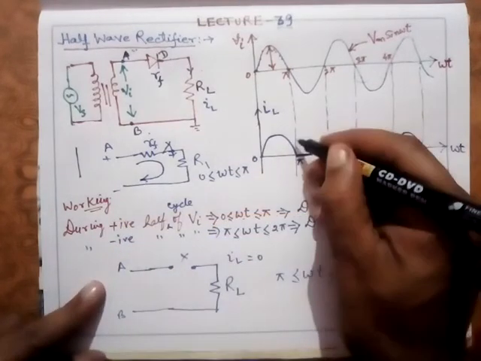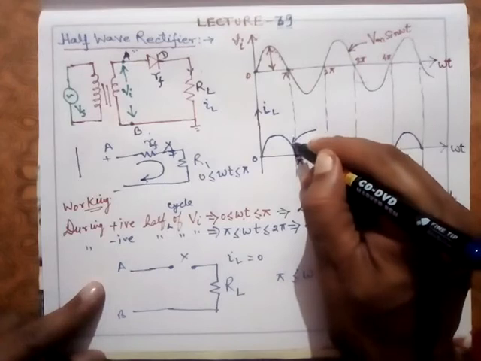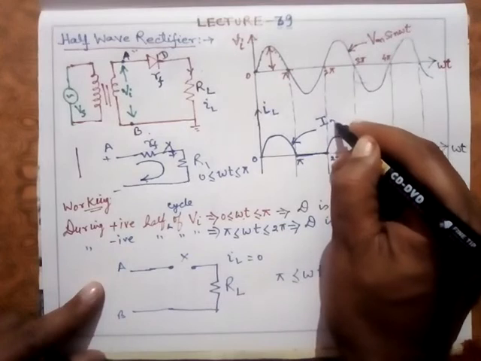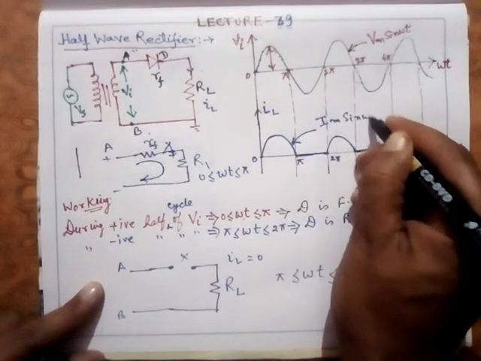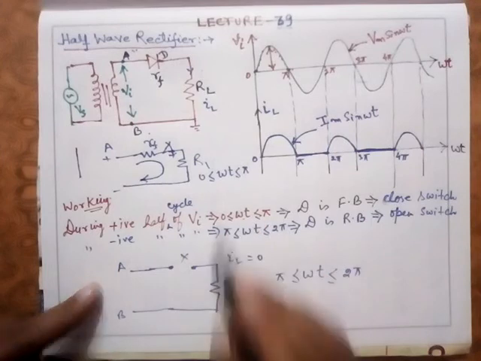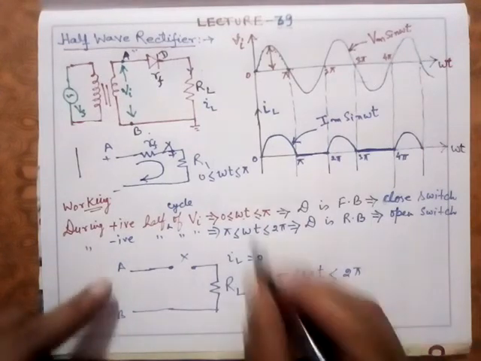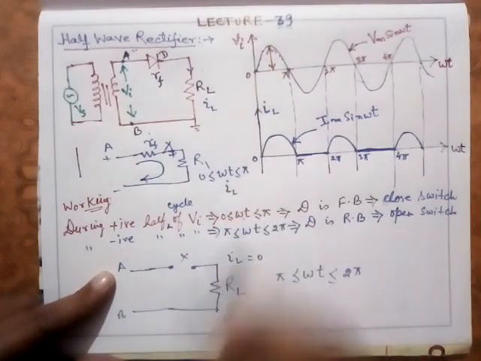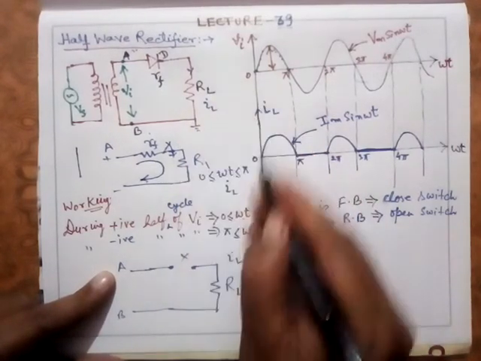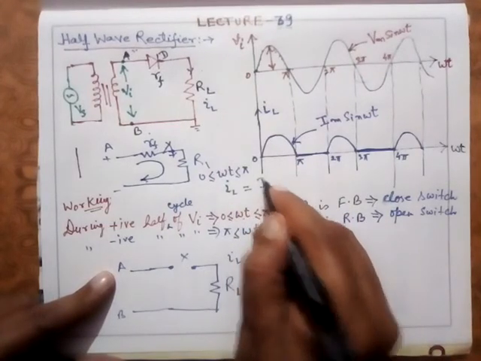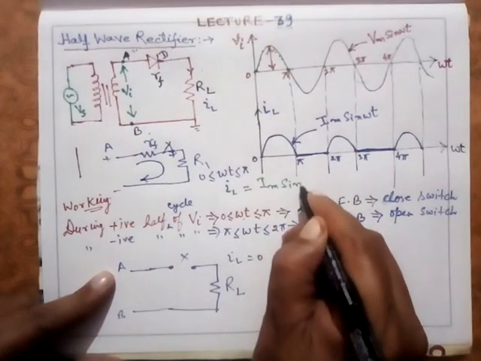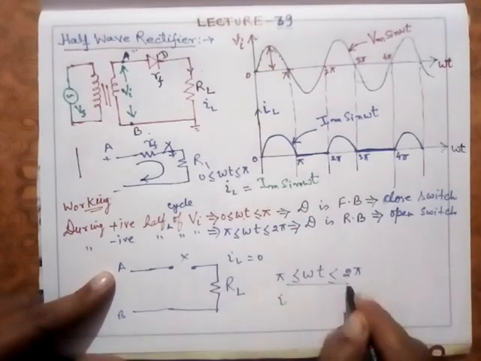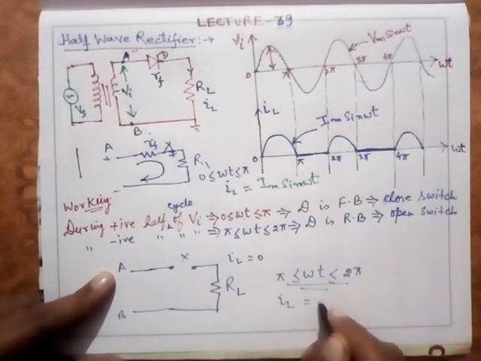And here I can say that the instantaneous value of this current I can represent by Im sine omega t. See, under this condition, what is the current flowing in this circuit? Between 0 to pi, the load current IL is equal to Im sine omega t, and between pi to 2 pi this load current IL is equal to 0.